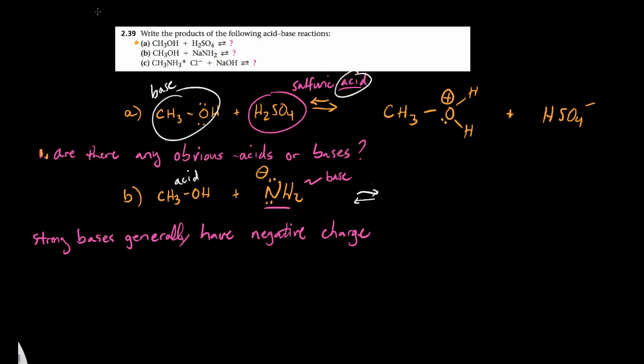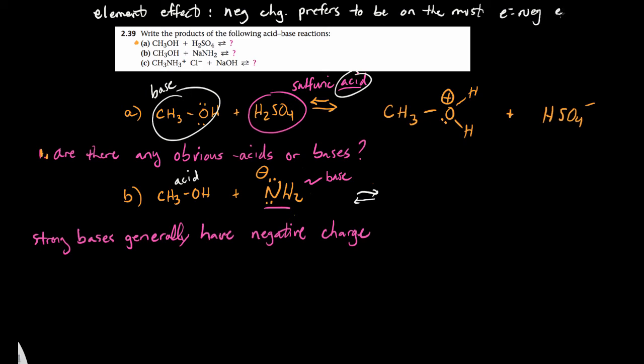Well, we already know from the element effect that we just talked about that the negative charge prefers to be on the most electronegative atom. And so in this case, we have a choice to put a negative charge on carbon or a negative charge on oxygen. And since oxygen is more electronegative, we'll put it on the oxygen.